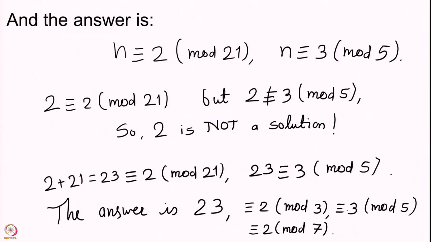It is 20 plus 3, therefore, this is 3 mod 5, and it is 21 plus 2 once again. So, it is 2 mod 7.